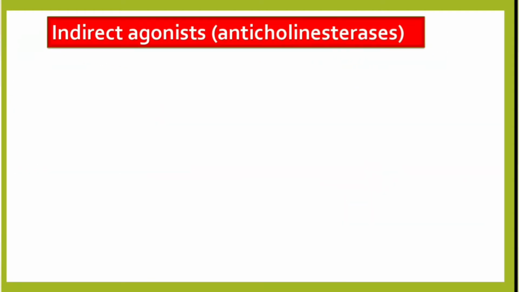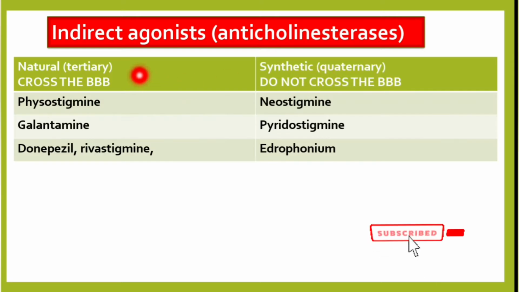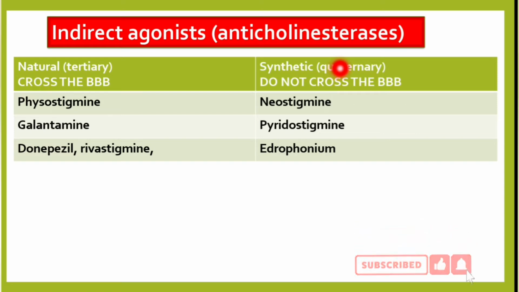Now, anticholinesterases can be divided into two groups: natural or synthetic, right? So natural are tertiary and synthetic are quaternary, right? The main important thing here is that natural anticholinesterases have the ability to cross the blood-brain barrier, whilst synthetic do not cross the blood-brain barrier.